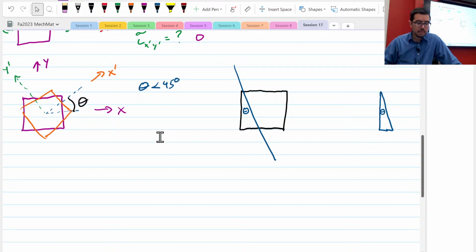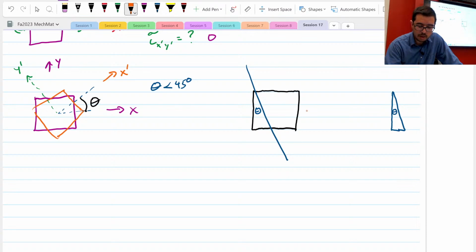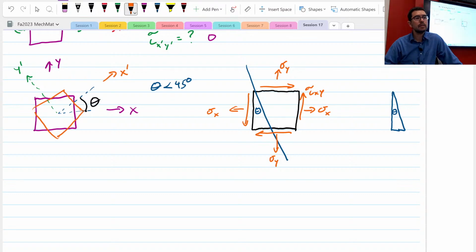Now, let's think about the stresses that could be involved, okay? What could be involved? In this original format, we could have sigma x. We could have sigma y. And we could have tau xy like this. Okay? So now we've gone and made it more complicated.